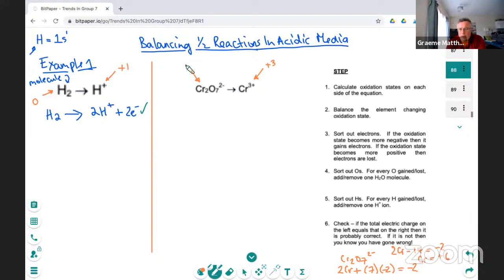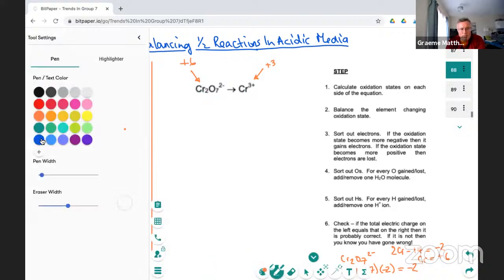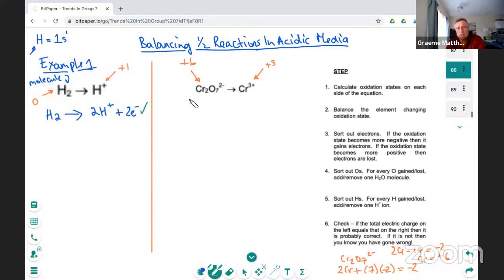All right, chromium is +6. Now again, we're talking about chromium atom going into chromium ion. Now, thinking about this one, balance the atoms that changed oxidation states. Now, chemists, do you notice, and I'll do loads of these examples next time, we never bothered doing this for hydrogen or oxygen because we add those in later.